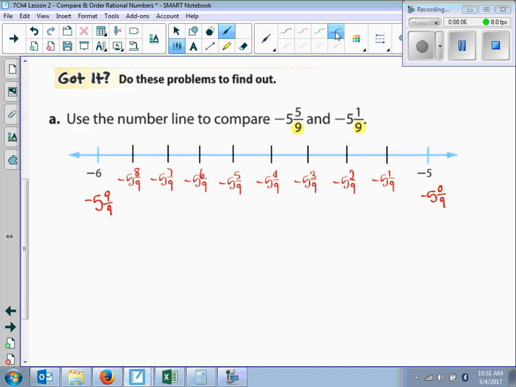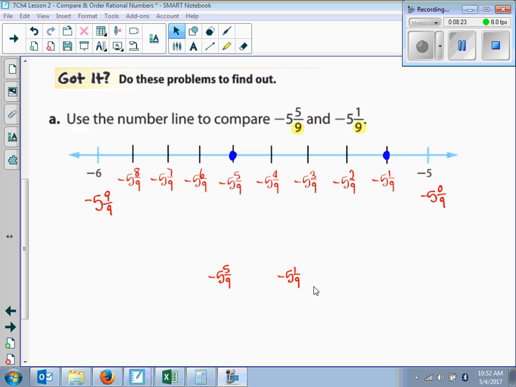So now we can put our numbers on the number line. We've got negative 5 and 5/9 right there, and then we've got negative 5 and 1/9 right there. If we are comparing negative 5 and 5/9 to negative 5 and 1/9 on the number line, the one that's further to the left is the smaller one, so that's negative 5 and 5/9.